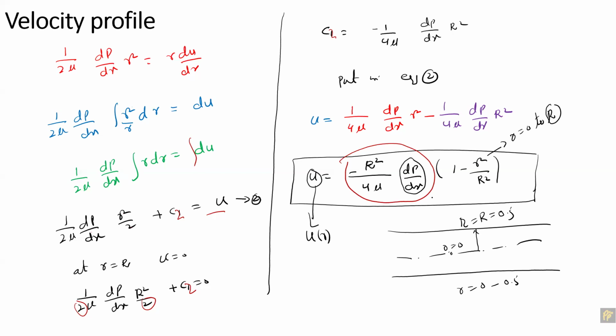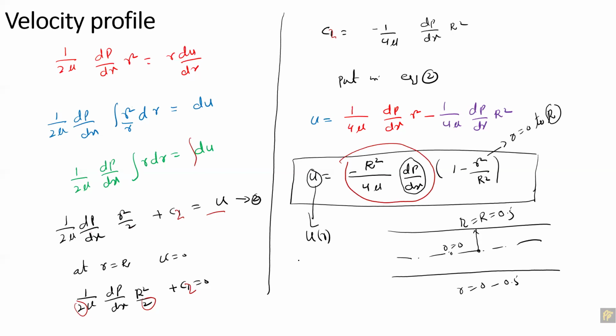You can find the velocity at this location, and it will be maximum. If you put r equal to 0, you get the maximum velocity. And if you put r equal to R at the wall, you should get velocity 0, because r square upon R square will be 1, so 1 minus 1 will be 0, and 0 into something will be 0.